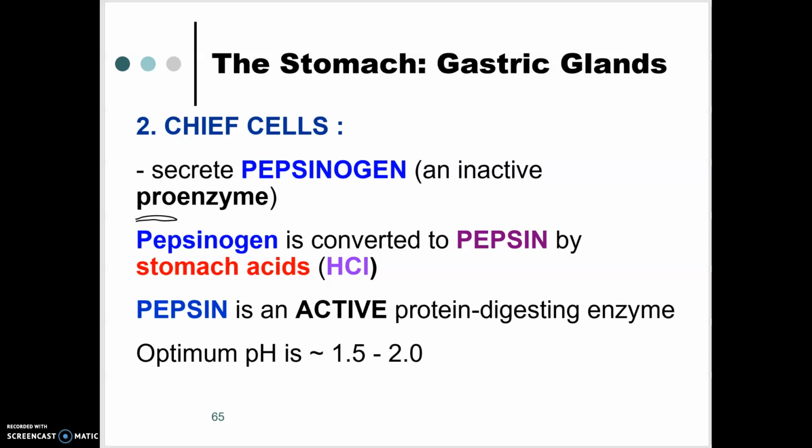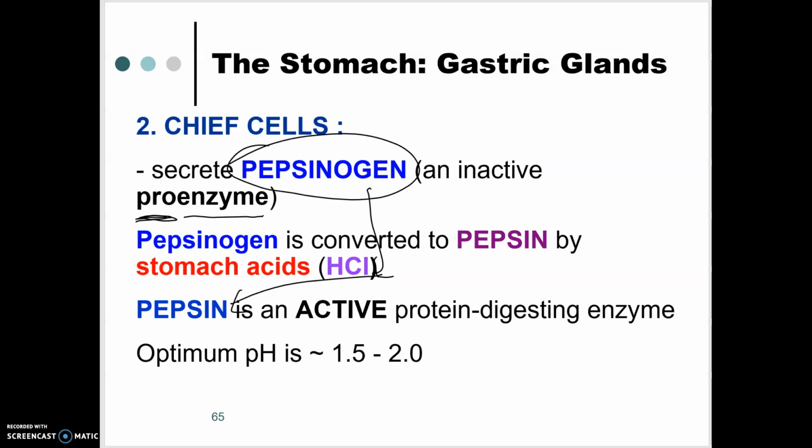Pro in biological terms usually means before. So a proenzyme is a compound before it's an enzyme. So the chief cells secrete this pepsinogen, and when the pepsinogen comes in contact with the hydrochloric acid, it changes and becomes pepsin. Now, pepsin is the active protein digestion enzyme that we find in our stomach.